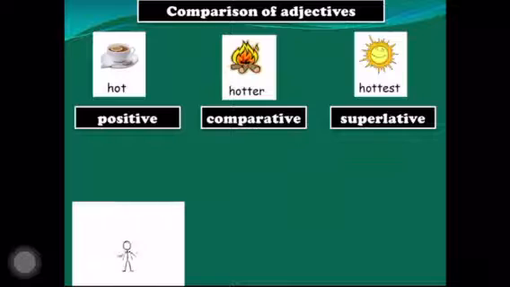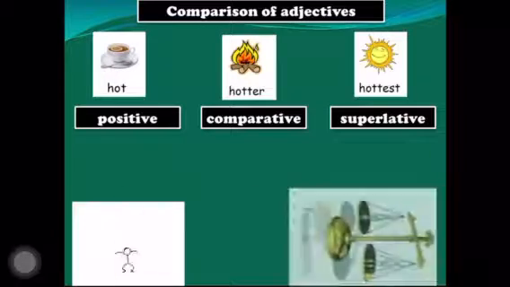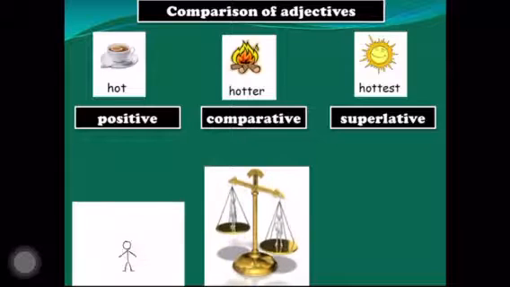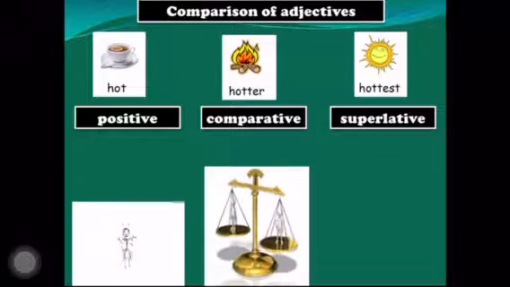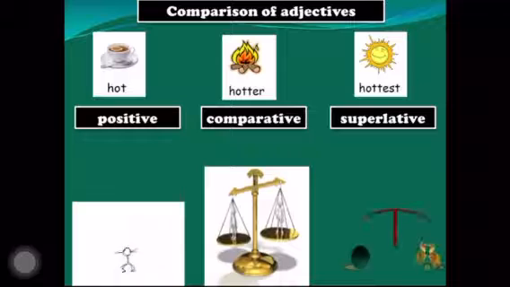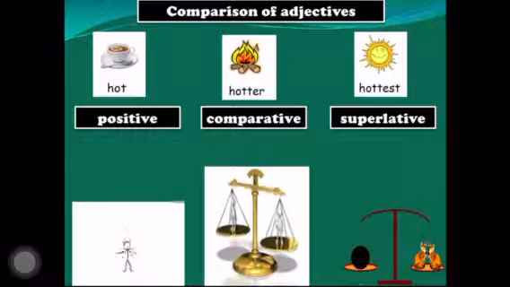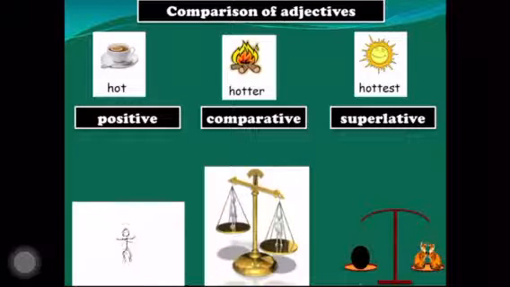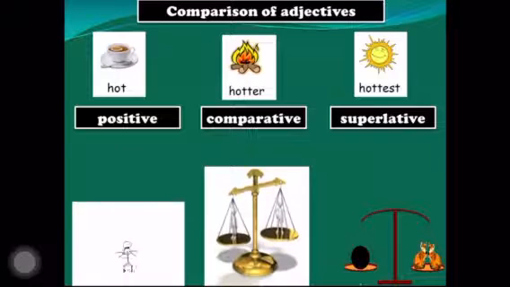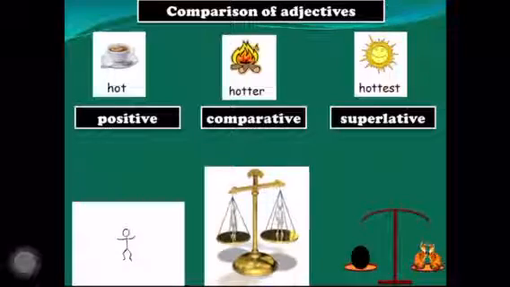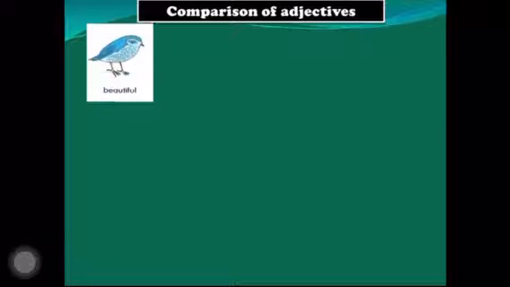The most important thing is that I'm describing only one. But if I compare between two, we use the comparative form. But if I compare between one and a group, we use the superlative. Hot, hotter, hottest.